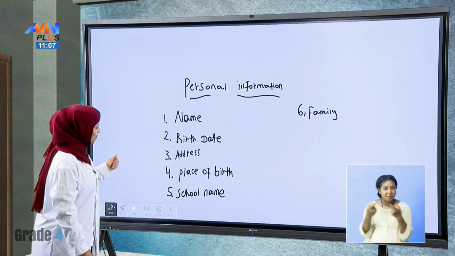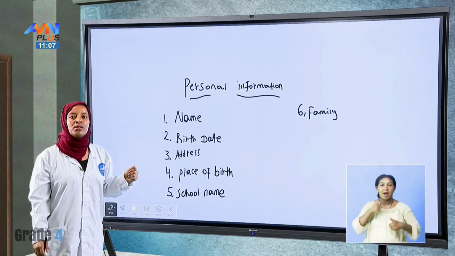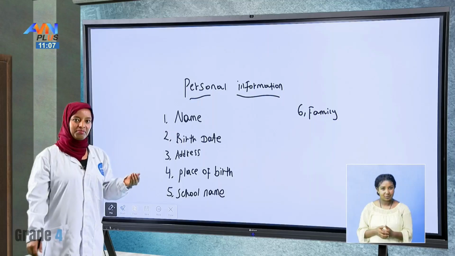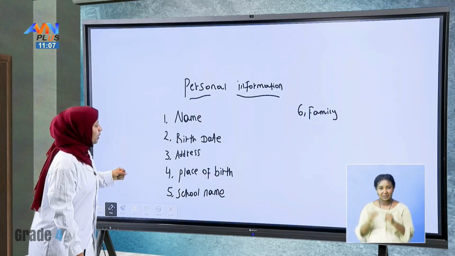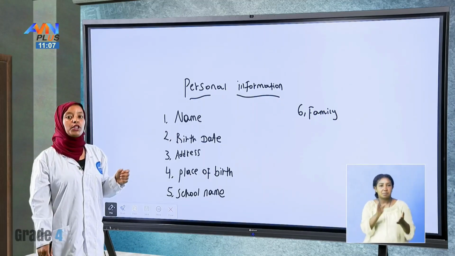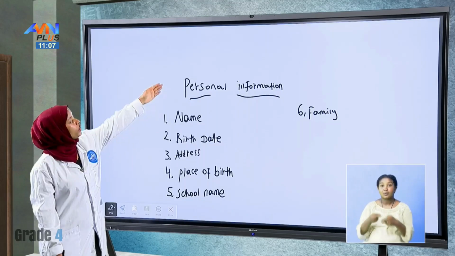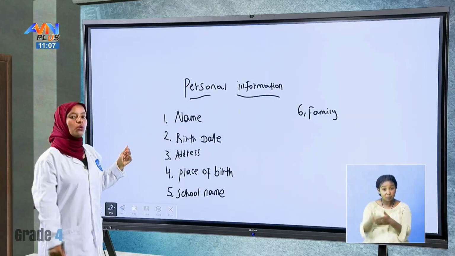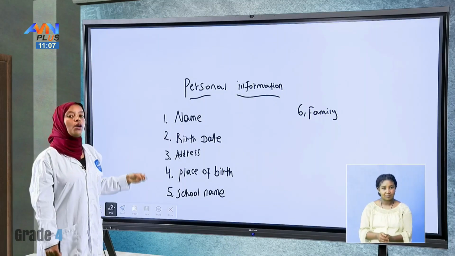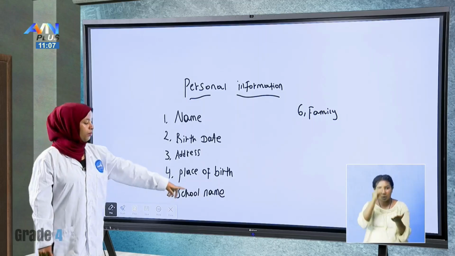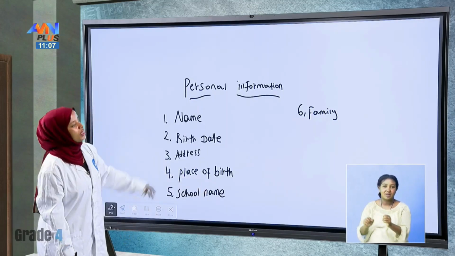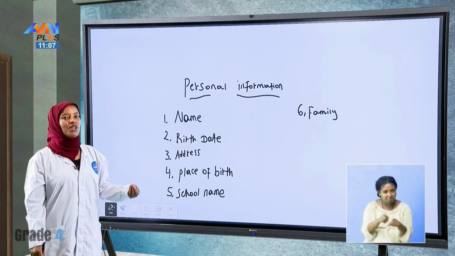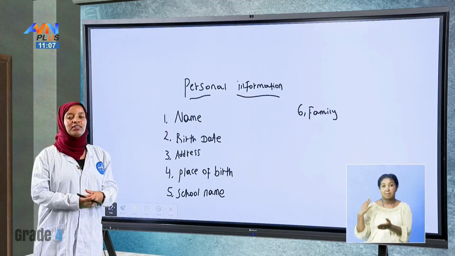Bravo, students. The next one is address. Where do you live now? Bravo, students. Place of birth. That is also included in personal information. The next one is school name. Yes, students, where do you learn now? You can put the information here. The next one is family name, like your parents, your dad or your mother's names. You can add it as personal information.